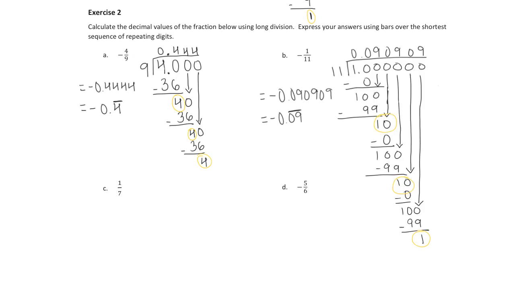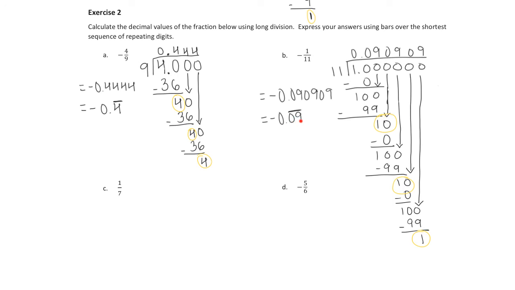All right, after a long division problem, we see that our answer is 0.090909. But when we come back over here, remember we had to add our negative from our fraction. So we have negative 0.090909. To simplify that down, we have negative 0.09 repeating.